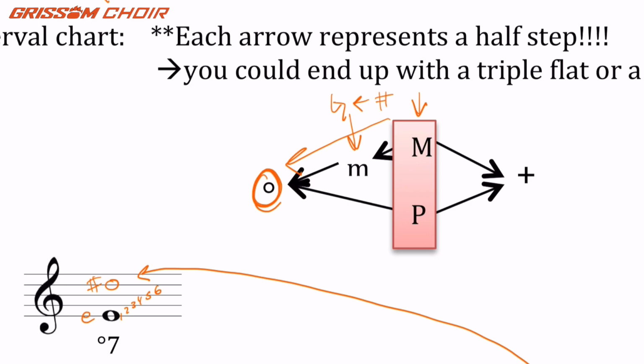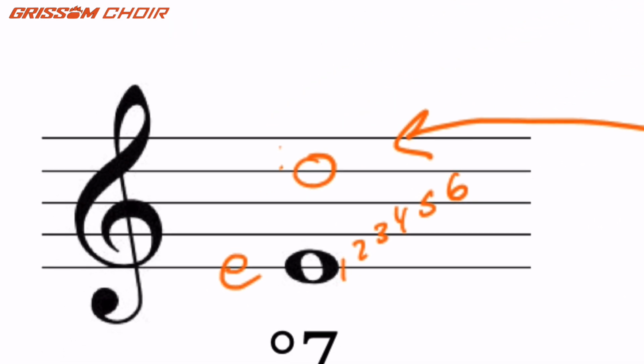But the diminished seventh is another half step downward. So we go another half step downward from that D natural to get the diminished note, and that would be D flat. So a diminished seventh above E would be D flat.